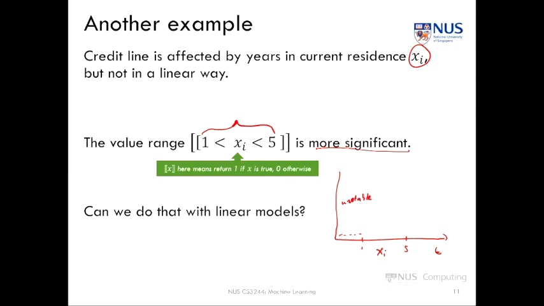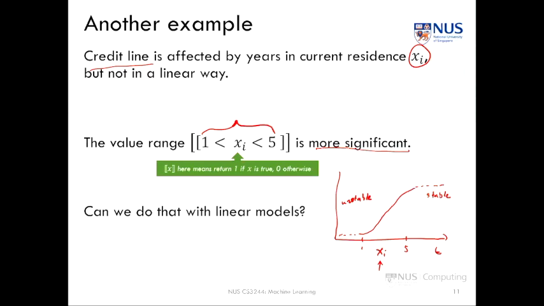And the period beyond 5 years, so whether you've lived in your residence for 5 years, 10 years, or 15 years, we're generally going to think of this as a stable time period. Okay, and where xi really matters for the problem of determining the amount of credit is when we have this time between 1 to 5 years. So this is going to take off and become much more significant.